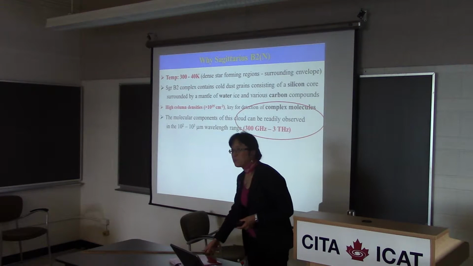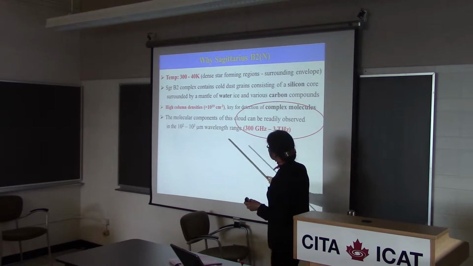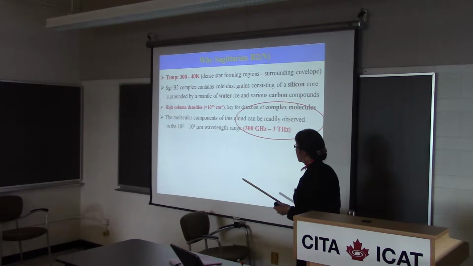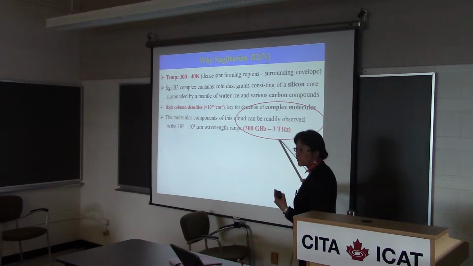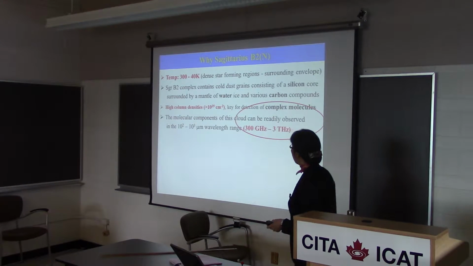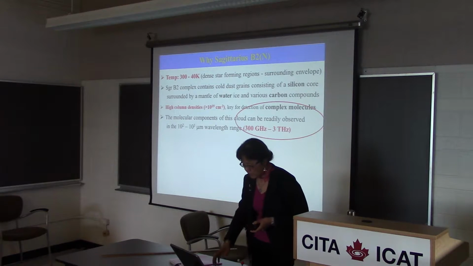The typical complex molecule has a very rich spectrum in this wavelength region, about 100 to 1,000 micrometers, which translates into a frequency of about 300 gigahertz to 3 terahertz. That's the region of ALMA, where the complex molecules have a very rich spectrum.